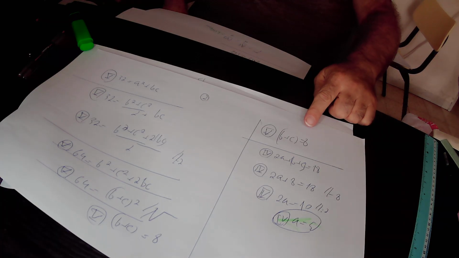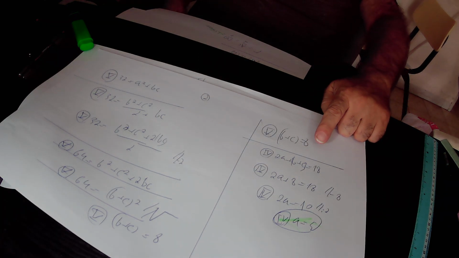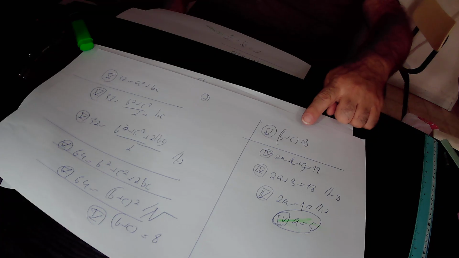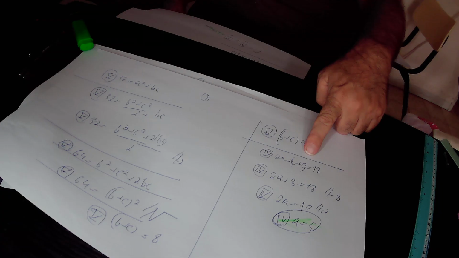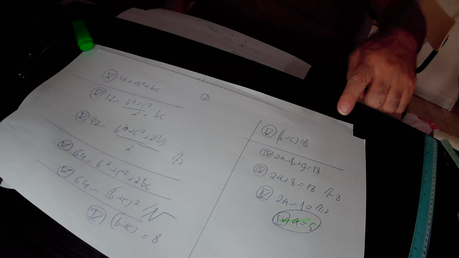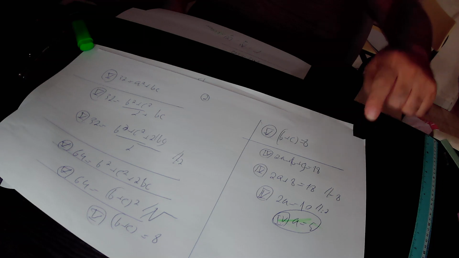But according to equation 4, we only found out that 2a plus b plus c equals 18. So we can substitute b plus c in this equation 4 by 8 from equation 5, because b plus c equals 8. We did it, and we found out that 2a plus 8 equals 18.